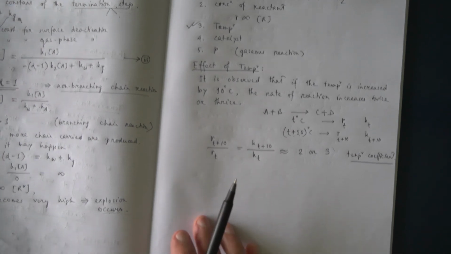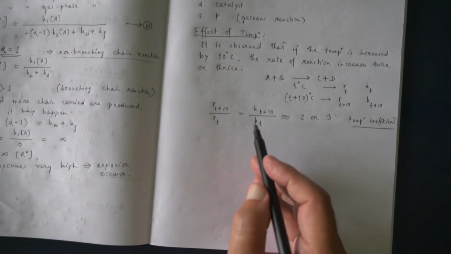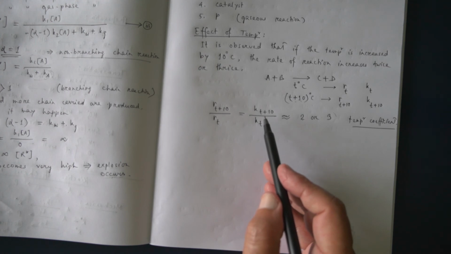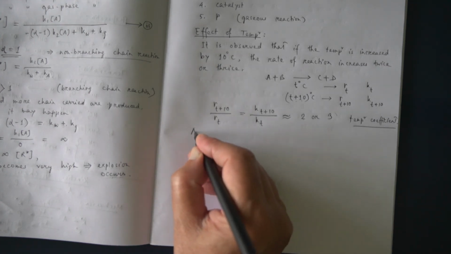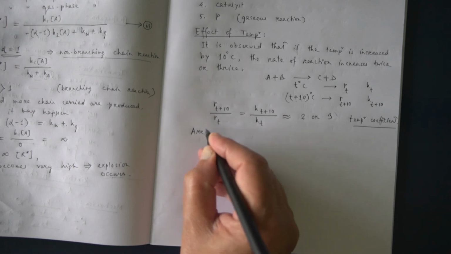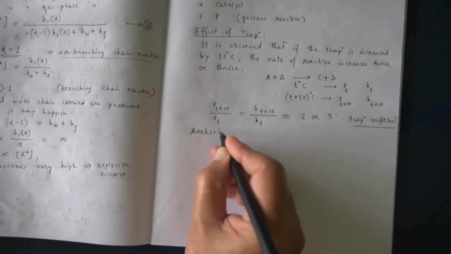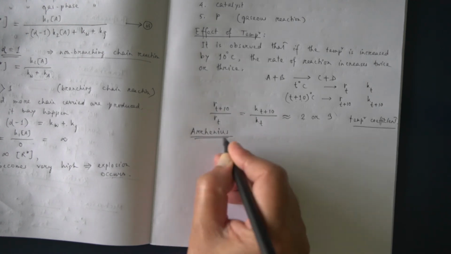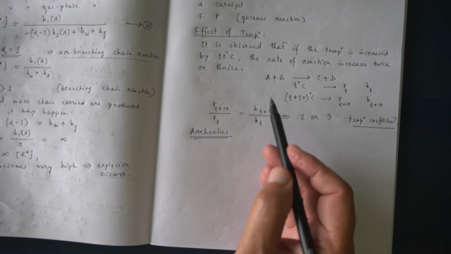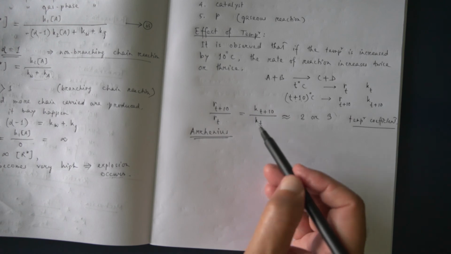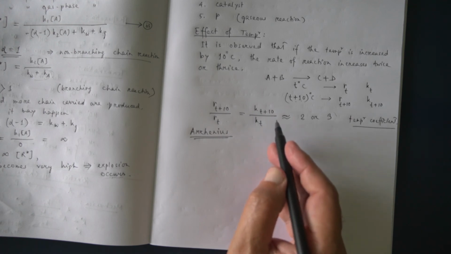Okay. Now a better relation between temperature and rate constant was given by Arrhenius. So Arrhenius gave a better relation between rate constant and temperature.